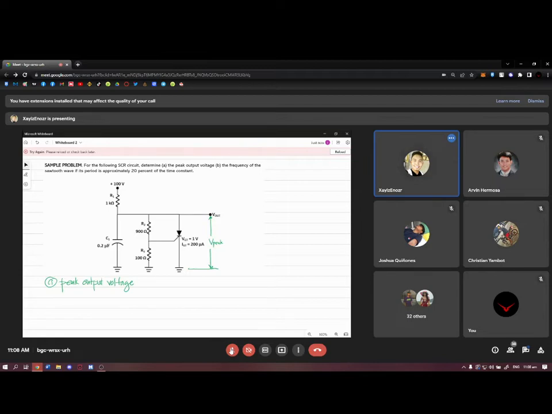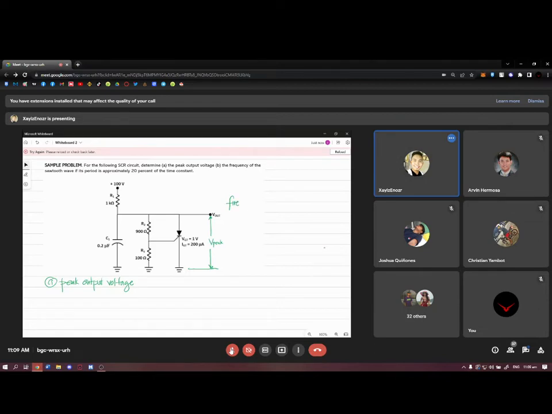Base sa circuit na to. So makaka-measure ka ng peak output voltage sa instant na mag-fire si SCR.